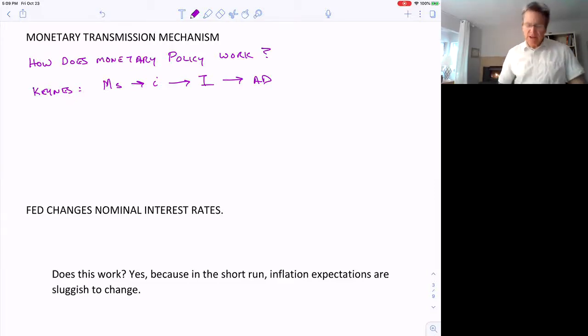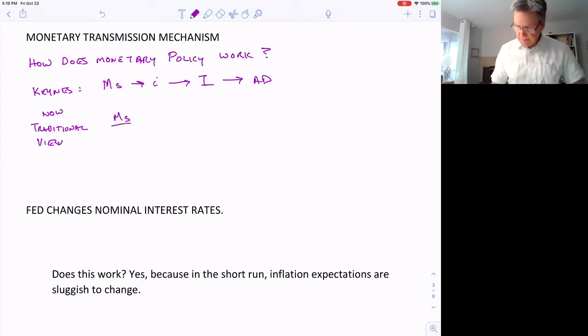Now the traditional view now is very similar. We'll call this the traditional view. Although remember, like I said, there could be a dozen different ways that this could work. Is that the money supply, probably the real money supply, affects nominal interest rates. And that affects the real interest rate.